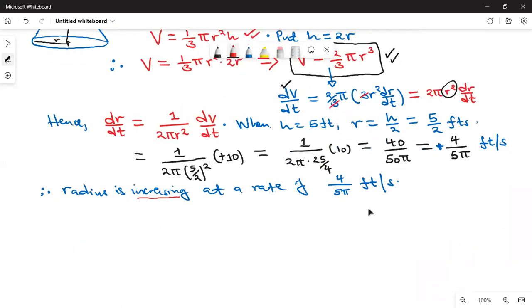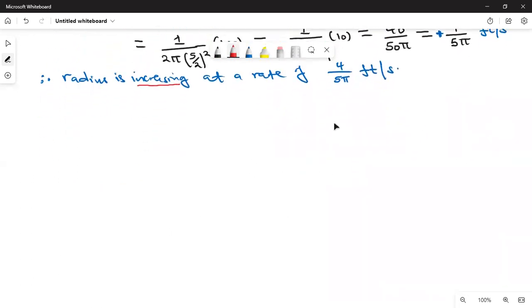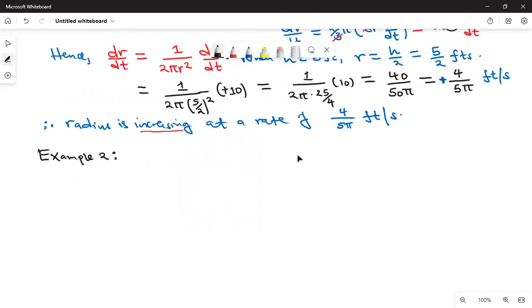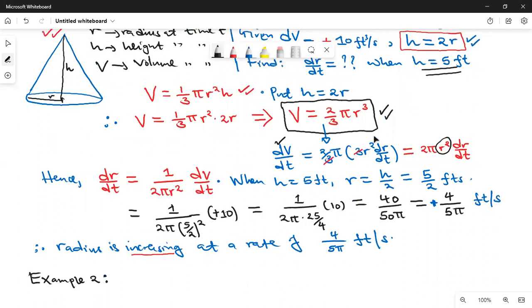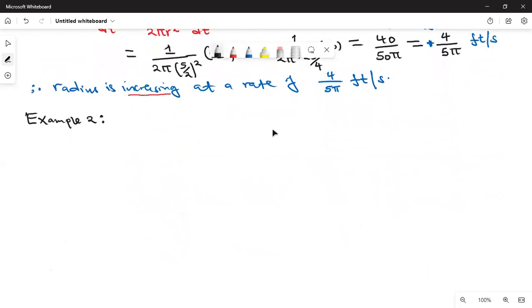Example number 2. So I'm going to write it. We write here example 2. In this example, this is the question. Just a minute, I'm going to write. The question is this one.